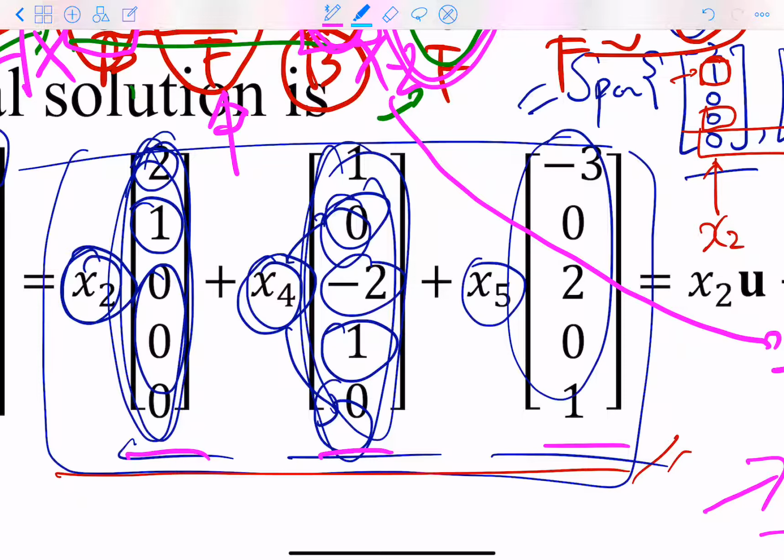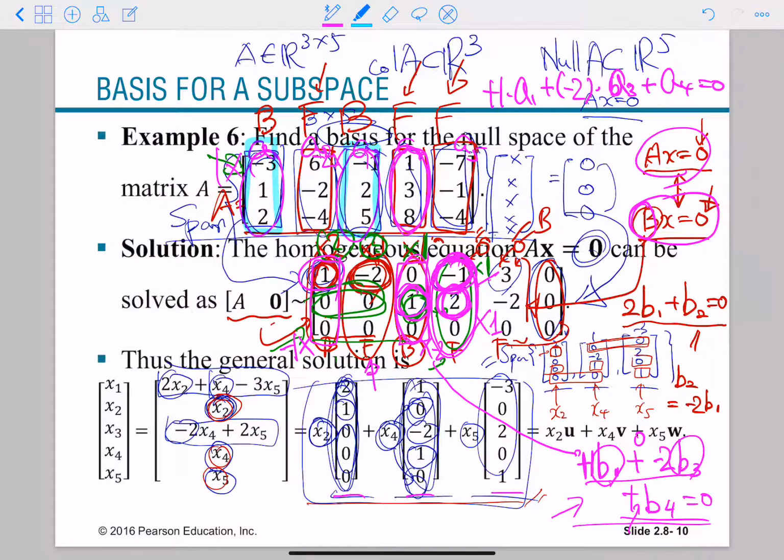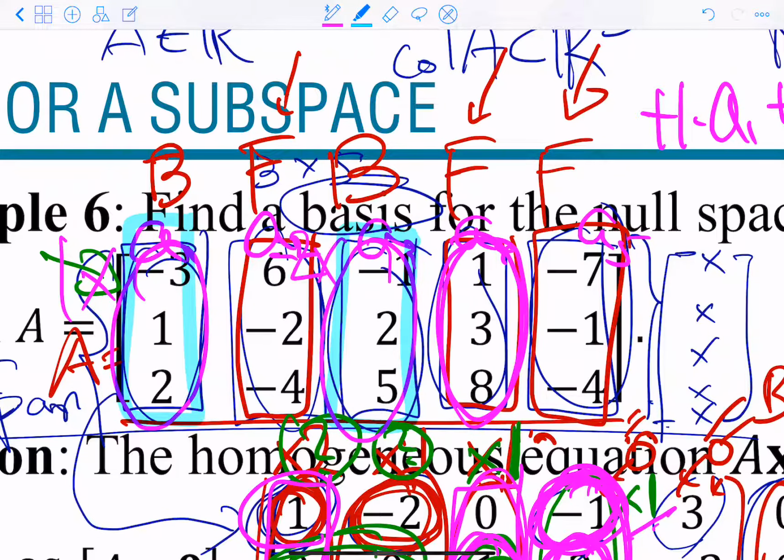So the number of free variables is the dimension of the null space. Again, in summary, the number of basic variables is the dimension of the column space, and the number of free variables is the dimension of the null space, right? And then now, what will be the sum?